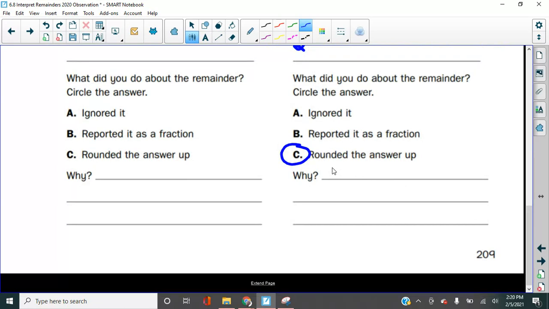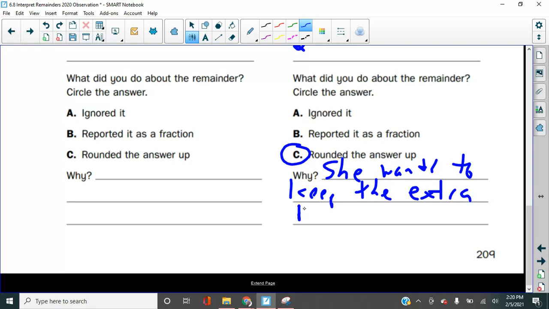Why did we go to 9 instead of 8? She wants to keep the extra DVDs in another box.